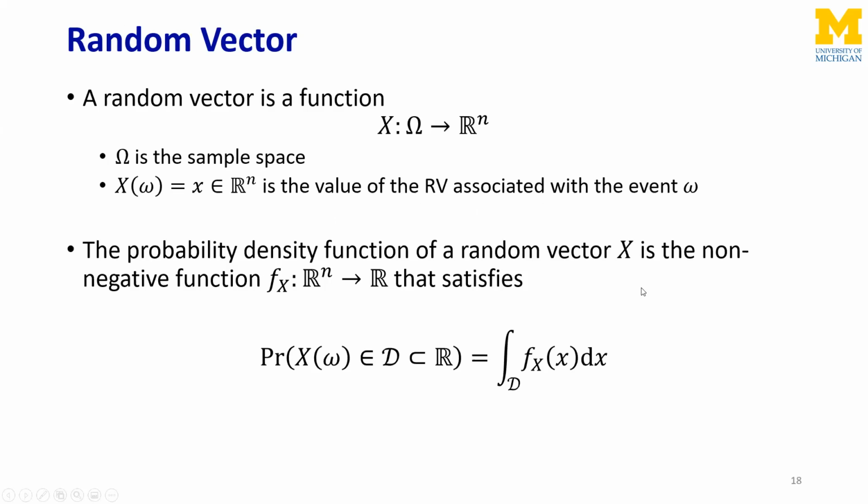Okay, so you may have seen random vectors, you may not have seen random vectors. So this is going to be a very quick tutorial on random vectors, expected values and covariances. Anyways, a random vector is a function which goes from the sample space to the real number space. And the value of the random vector function is the value of the random vector associated with the event.